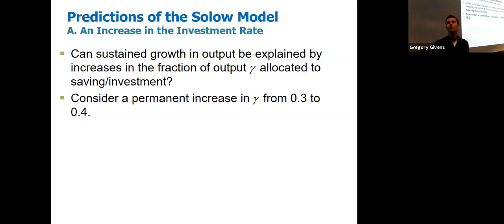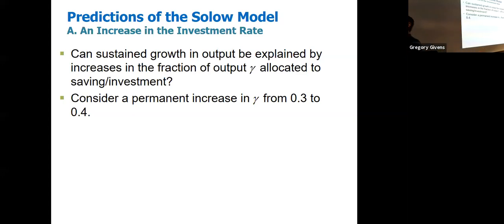I want you to do the following kind of thought experiment, and then you'll have a chance to work these on your own in today's extra credit assignment. What happens if we all collectively decide that we're going to start saving more and investing more in new capital as opposed to just spending on consumer goods and services? We can think about that in terms of an increase in gamma from, let's say, 0.3 to 0.4.